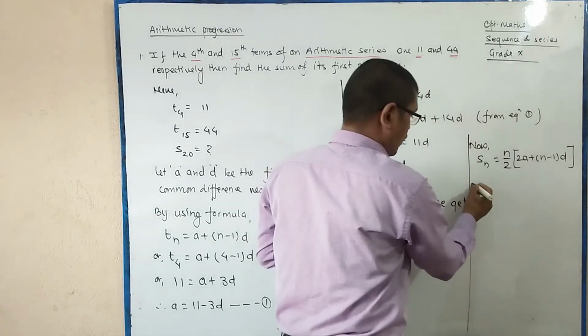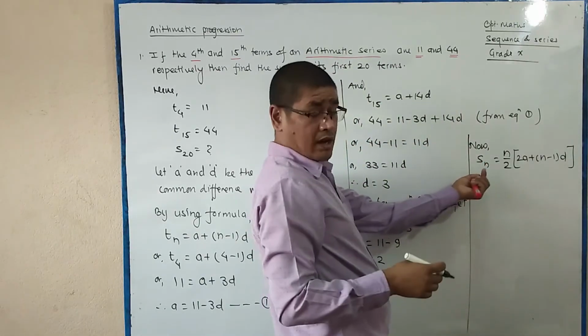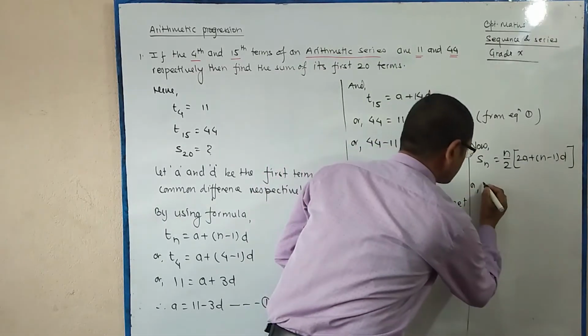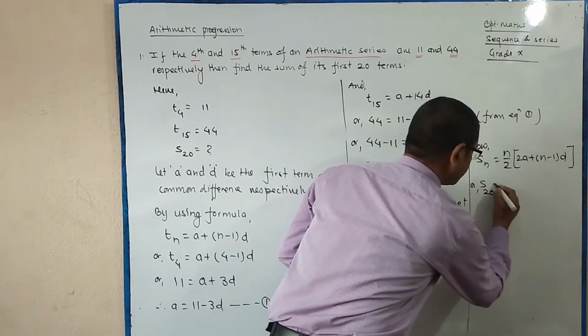Why have we used this formula? To get the sum of the first 20 terms, so n is 20.